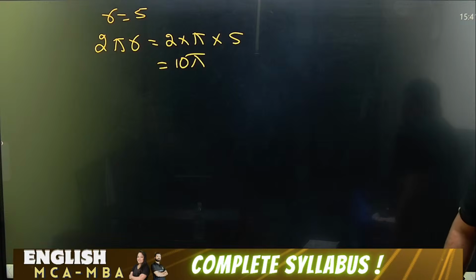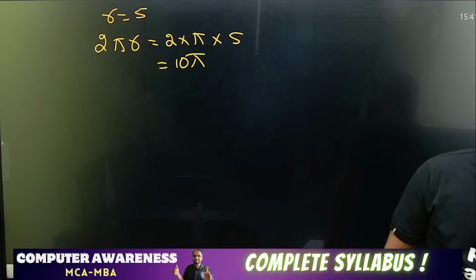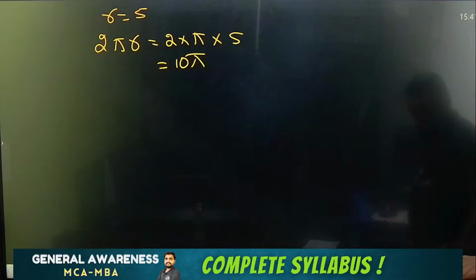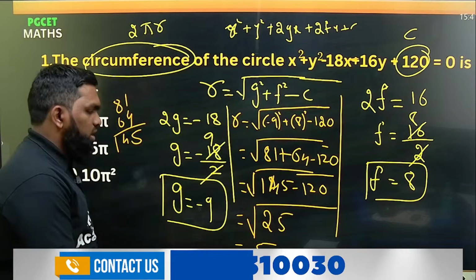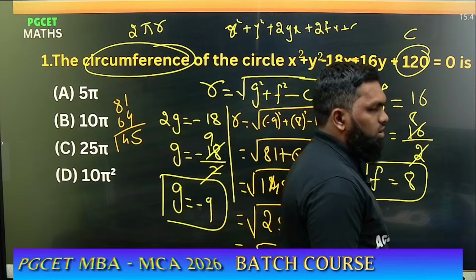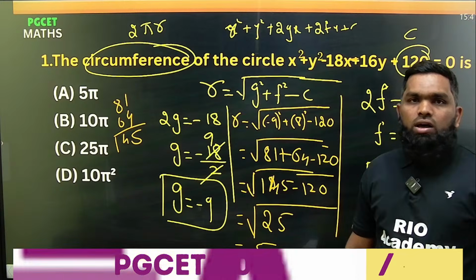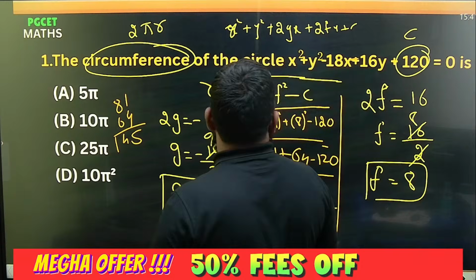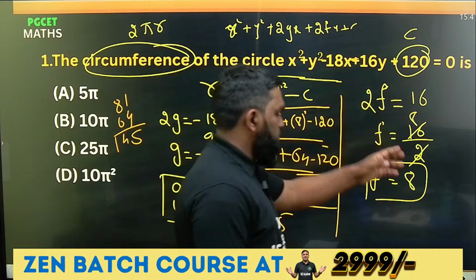Yes, correct. Sorry, I have corrected it. That is 145 minus 120, that is the square root of 25, and the square root of 25 is 5. I hope you understand this question of finding the circumference of the circle using x square plus y square minus 18x minus 16y plus 120.